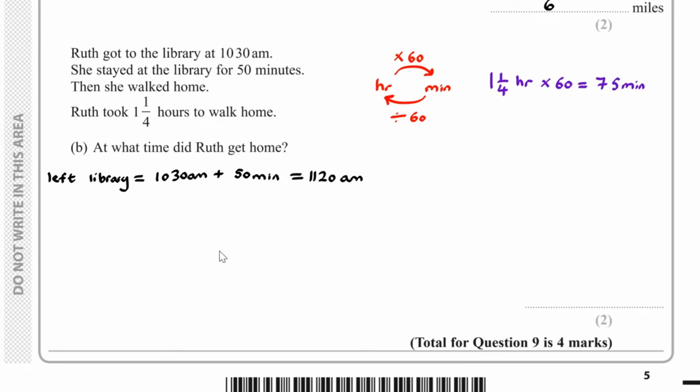So therefore, you can see that she arrives at home at 75 minutes plus this 11:20 a.m. So we have 11:20 a.m. plus the 75 minutes. It turns out we get 12:35 p.m. So we have 12:35 p.m.